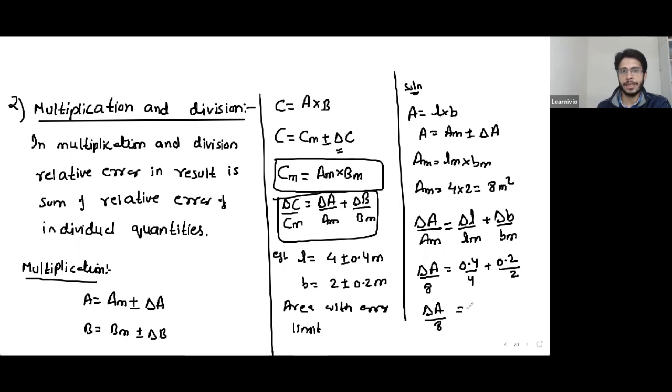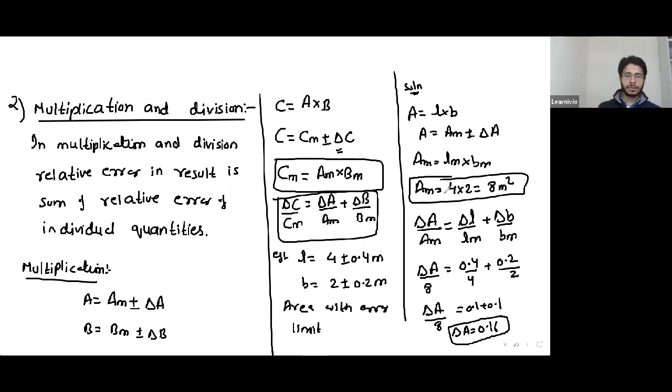Delta A by 8 is 0.1 plus 0.1. So delta A is 0.2, if I multiply it by 8, it's 1.6. This is the error in A, and this is the mean value of it. If you are multiplying two quantities, you basically combine the relative error.